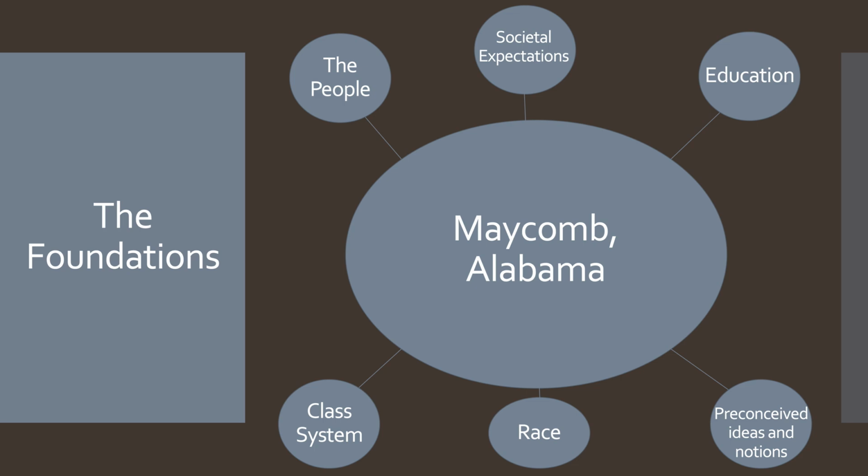And we are also going to take a look at the preconceived ideas and notions that the people of Maycomb hold for one another. I want you guys to think of Maycomb as a person, and all of these 6 categories that we are exploring are all of the different facets of a person or character's personality. Because Maycomb is not just the setting, but it is the driving force behind our narrative.